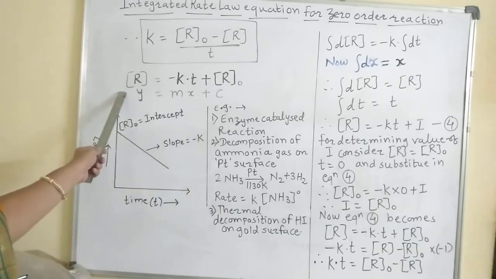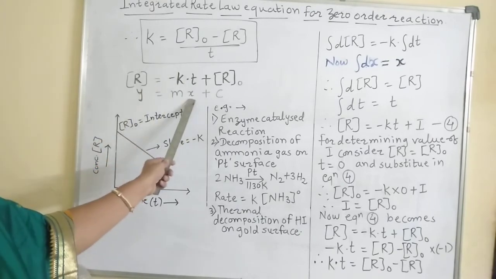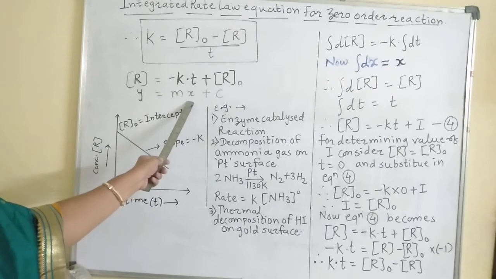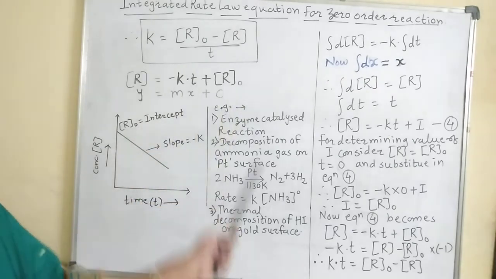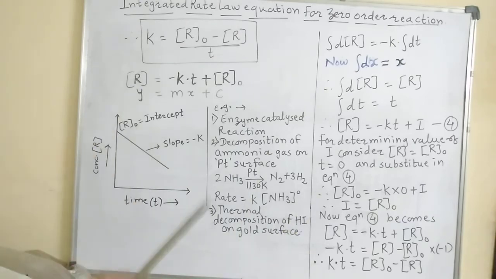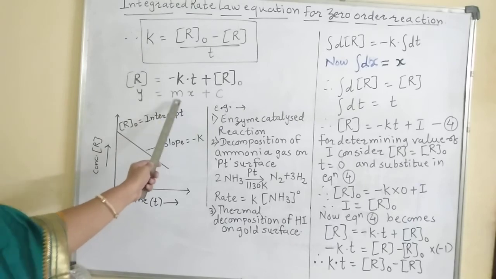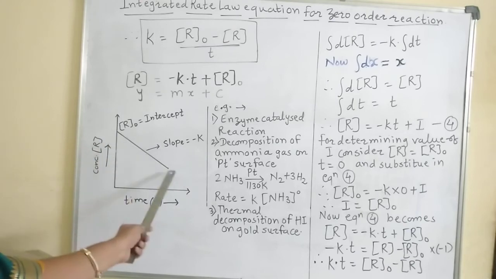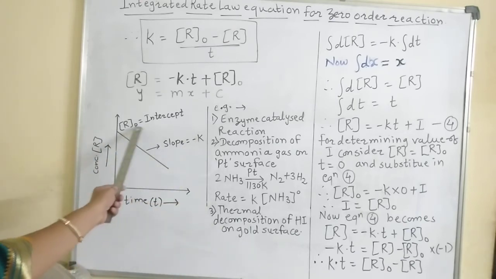Here the concentration of R is on the y-axis, and time, the time interval at which we take the experimental values for the concentration of R, is on the x-axis. The slope is equal to minus K, while R0 is the intercept.